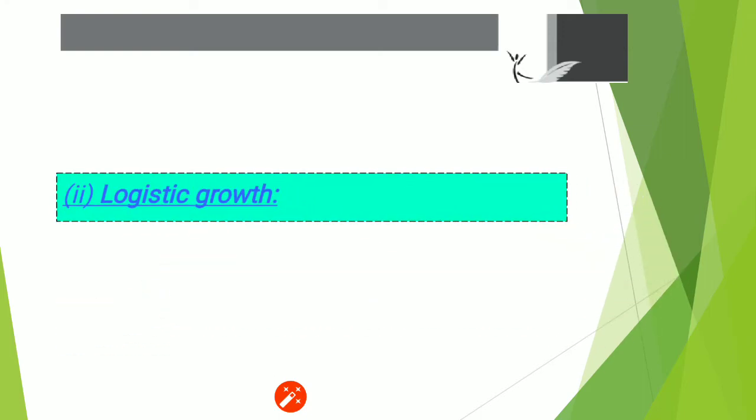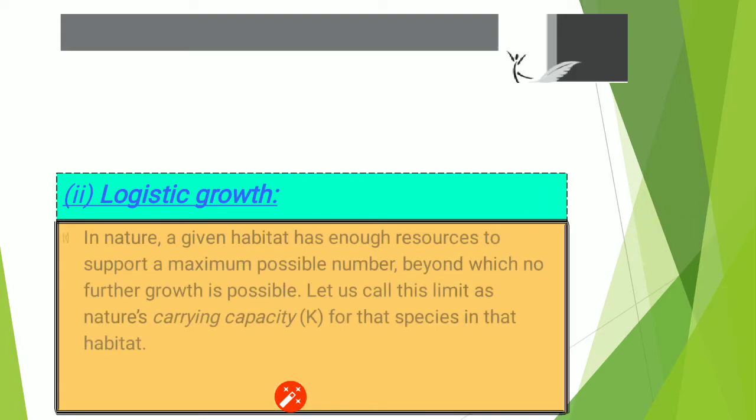Now the second growth model is the logistic growth model. In nature, a given habitat has enough resources to support a maximum possible number beyond which no further growth is possible. Let's call this limit nature's carrying capacity, represented by capital K, for that species in that habitat.